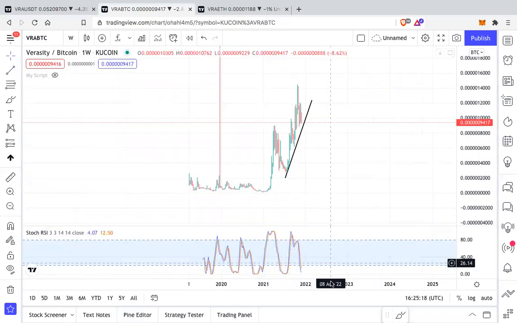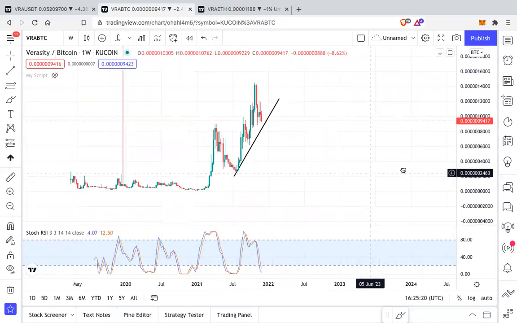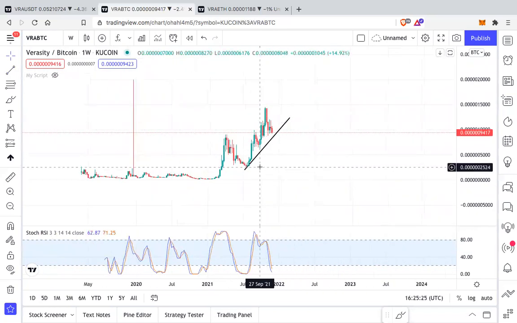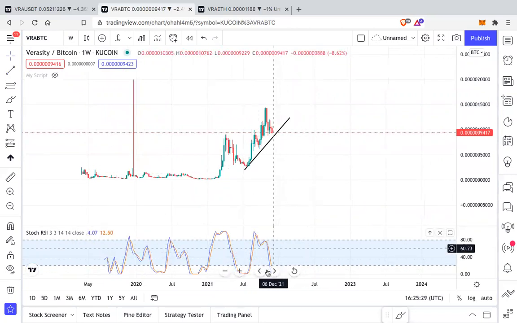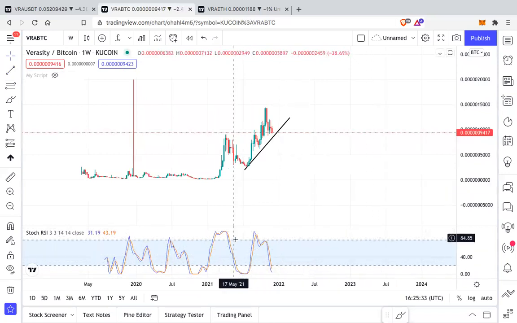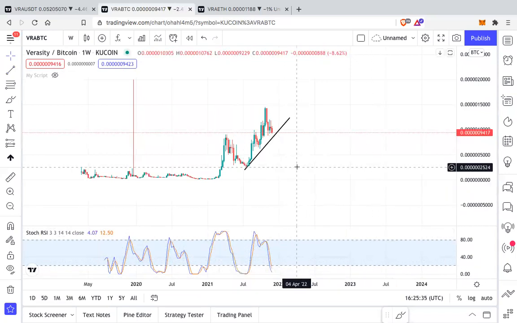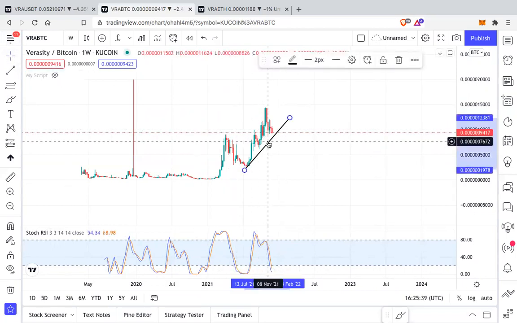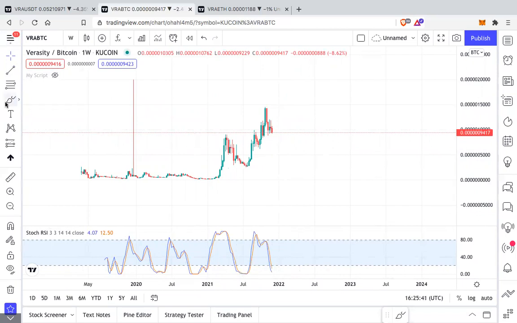If we go and look at the weekly, you can see very clearly that even on the Bitcoin pair, this weekly Stoch RSI is almost at the bottom, very similar to what we saw on the USDT pair.